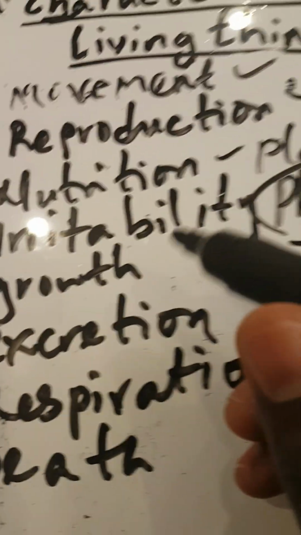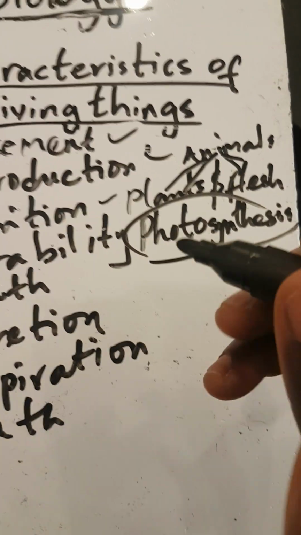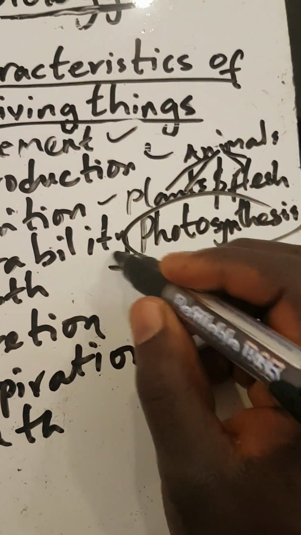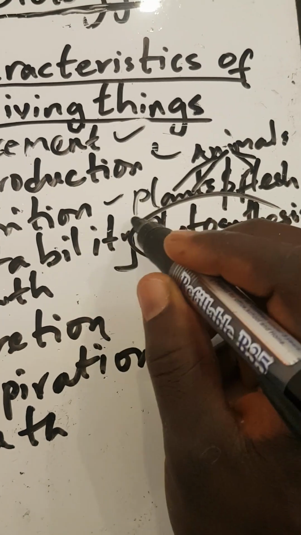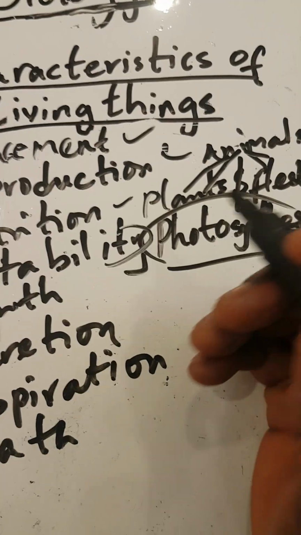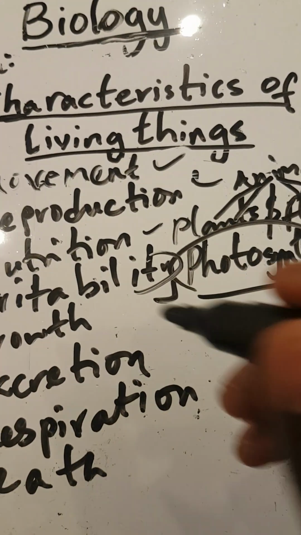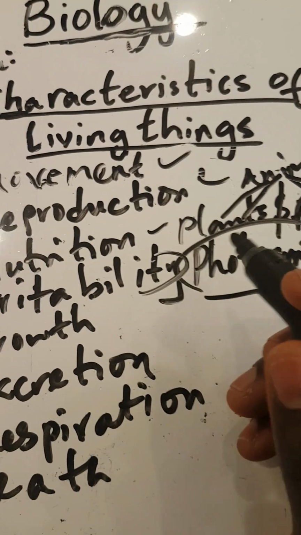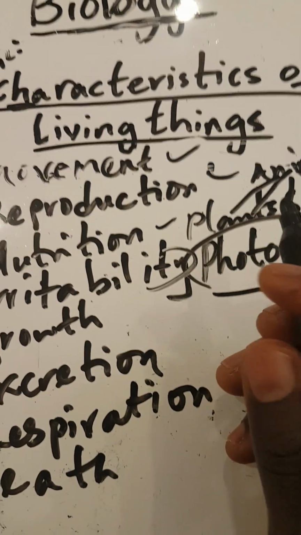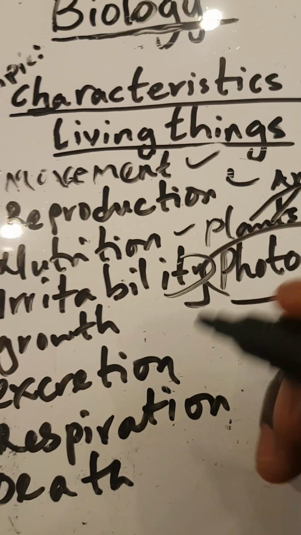Irritability. This is one of the characteristics of living things that has to do with touch, how they adapt to their external environment. Of course, human beings feel. They feel heat, they feel warm, they feel cold, you know. Also animals, plants also do that. When you touch some plants, they react.